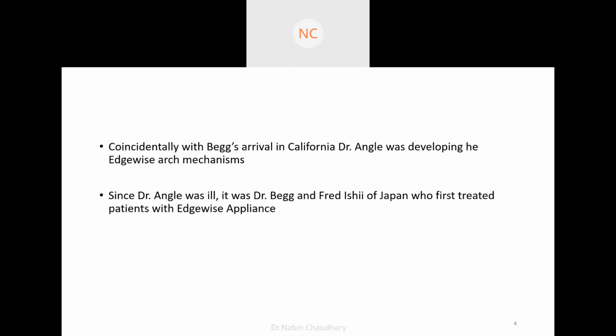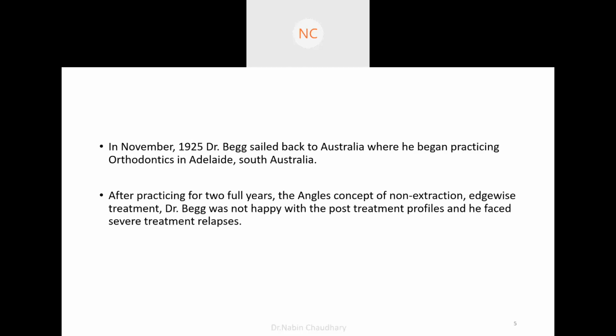At that time, Begg also became familiar with the ribbon arch mechanism during the study. So in November 1925, Dr. Begg sailed back to Australia, where he began practicing orthodontics in Adelaide, South Australia.